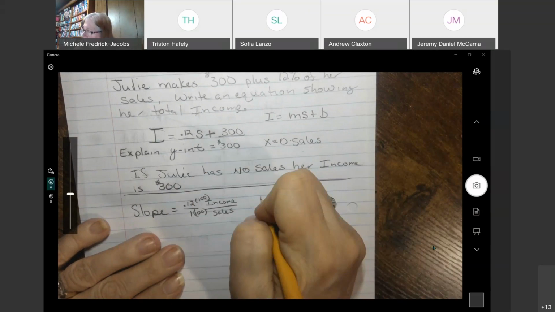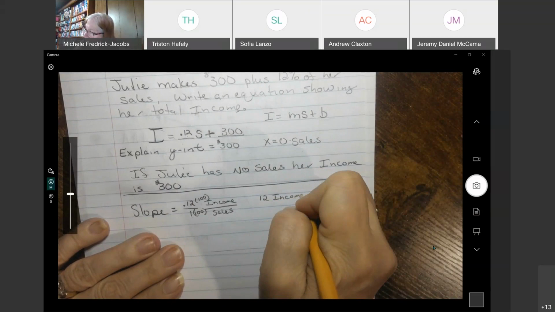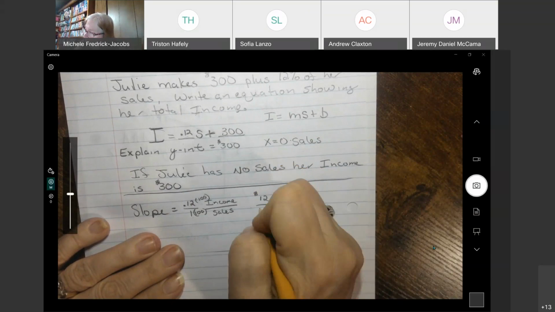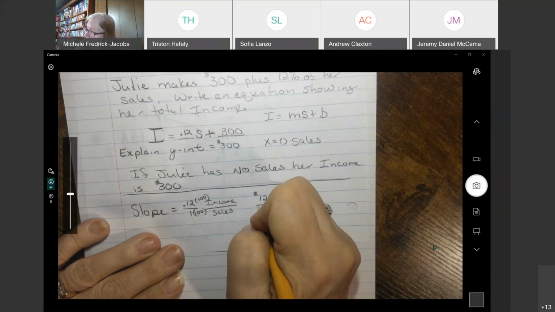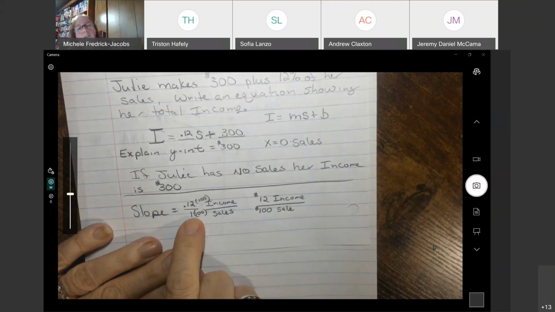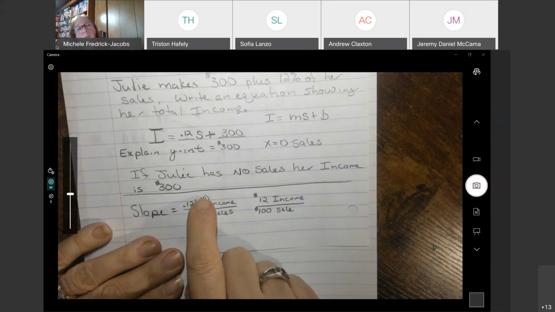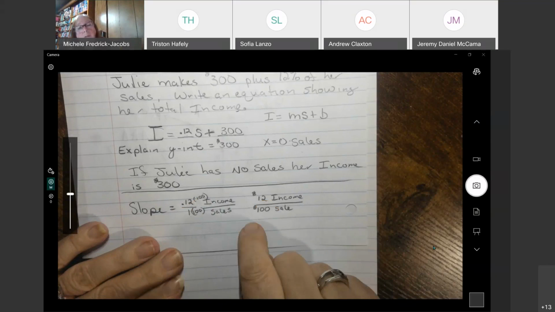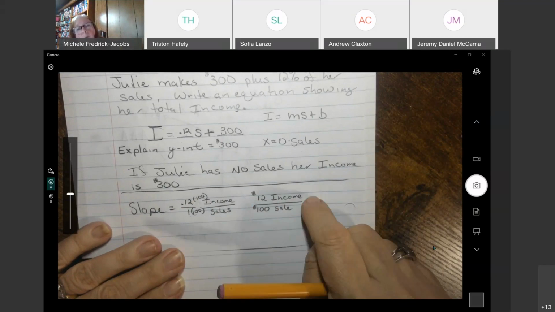That way we're talking about an income of $12 when you sell 100. So each dollar you make in sales, you increase by 12 cents. Or if you want to get into just dollars, you can multiply by 100 to make it a 12. So then every $100 in sales, you make $12 in income.